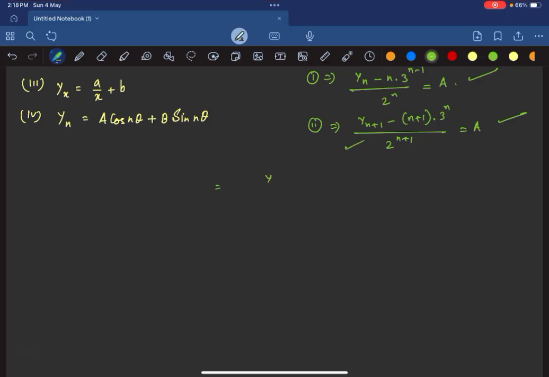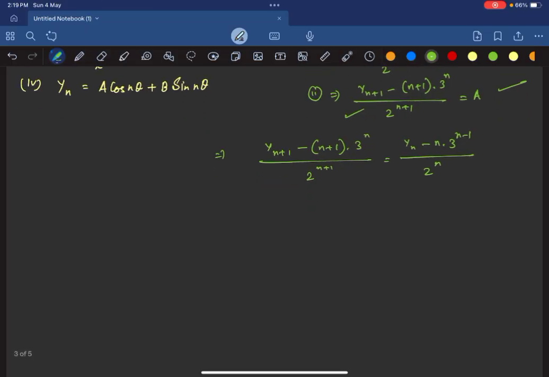So what you have: y(n+1) minus n plus 1 into 3 power n, by 2 power n plus 1, equals y(n) minus n into 3 power n minus 1, by 2 power n. Now see, a is eliminated. So immediately you can write y(n+1) minus n plus 1 into 3 power n, here 2 y(n) minus 2 into n into 3 power n minus 1.